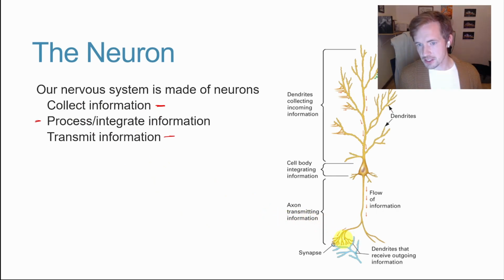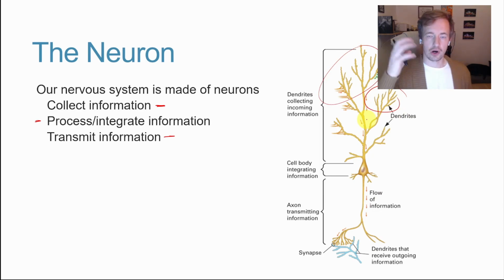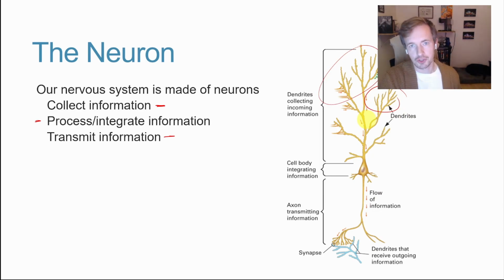Basically, in these dendrites at the top over here, these dendrites are hungry, looking for neurotransmitters. Neurotransmitters like dopamine, serotonin, acetylcholine, GABA, norepinephrine, all the ones that you've heard of before. So it is glutamate. All these dendrites are thirsty for those neurotransmitters. It's looking for incoming neurotransmitters.